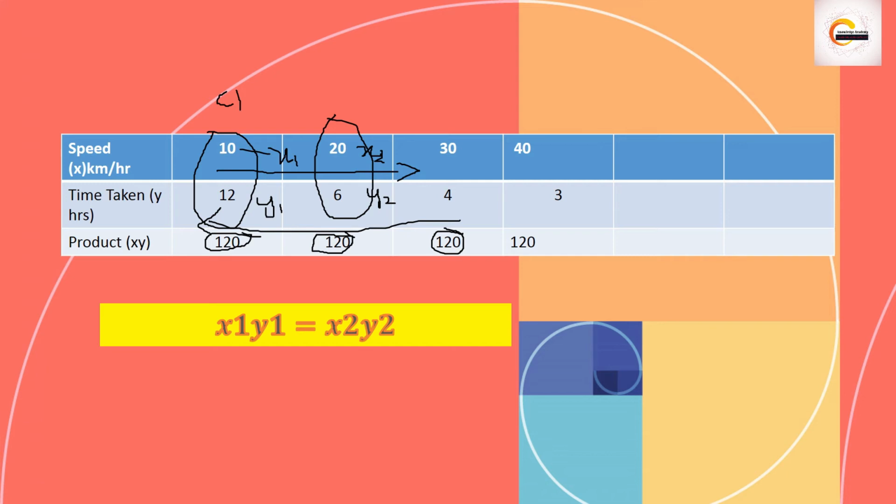We can conclude that if y is inversely proportional to x, then we can write this relationship as x1 y1 = x2 y2. This is very important for solving further questions. Keep in mind that if three variables are known and one variable is unknown, we can clearly use this formula.